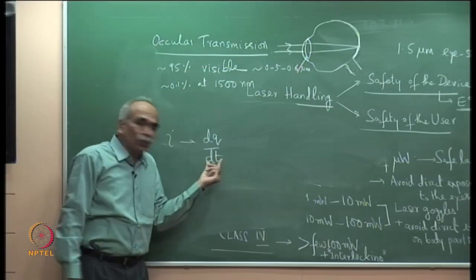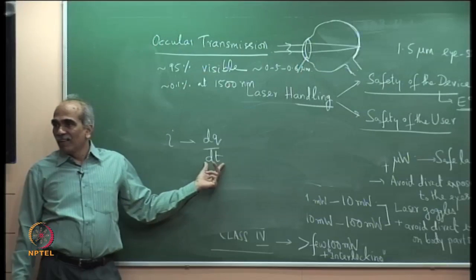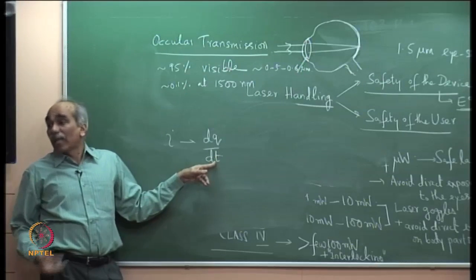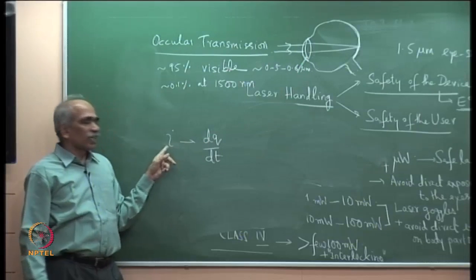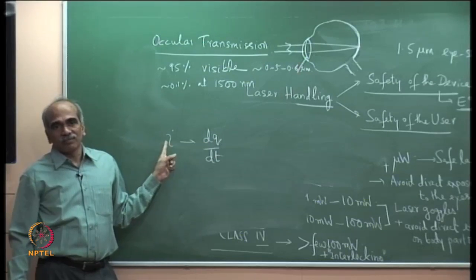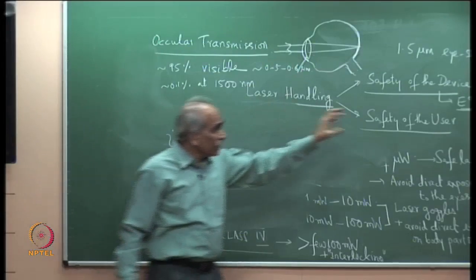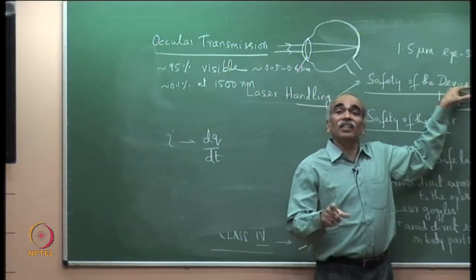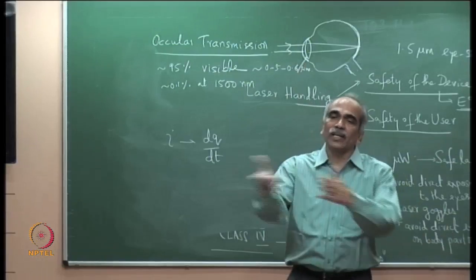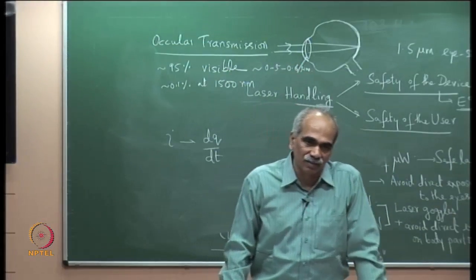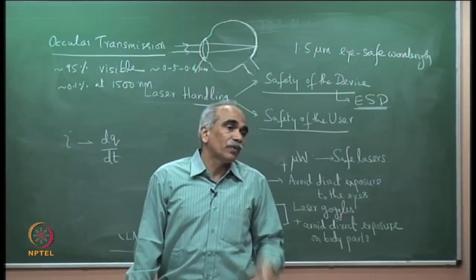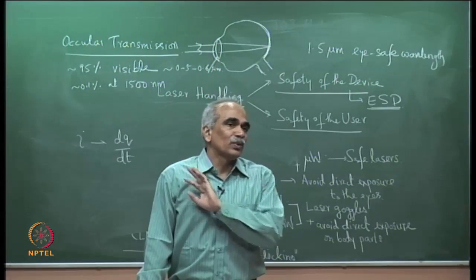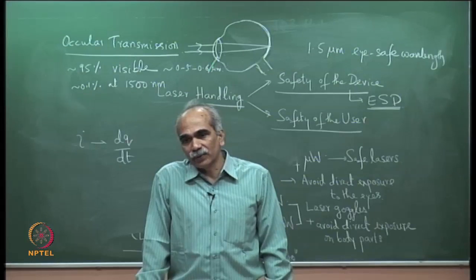It will pass through at a very fast time, and therefore, if you put here nanosecond and this charge may be very small, the current will become very large, and therefore, this ESD problem is only with high speed devices, including electronic devices such as CMOS devices, very high speed devices. This is very, very important for laser diodes, otherwise you are bound to damage the laser diodes.